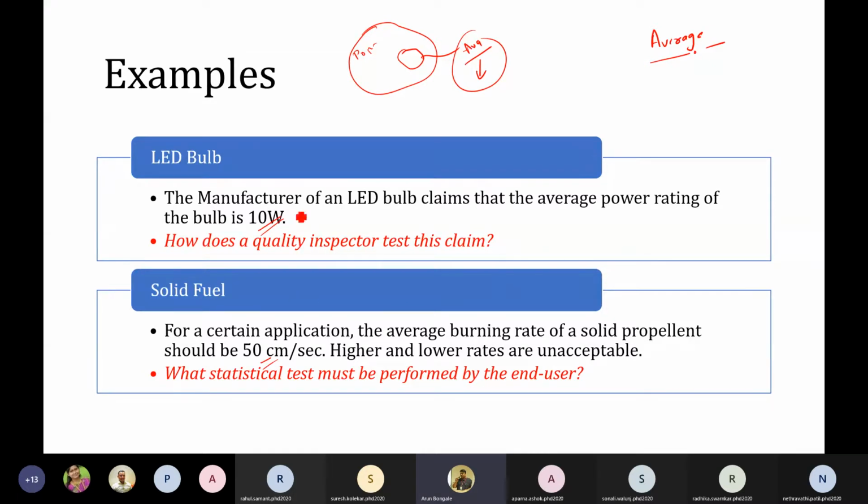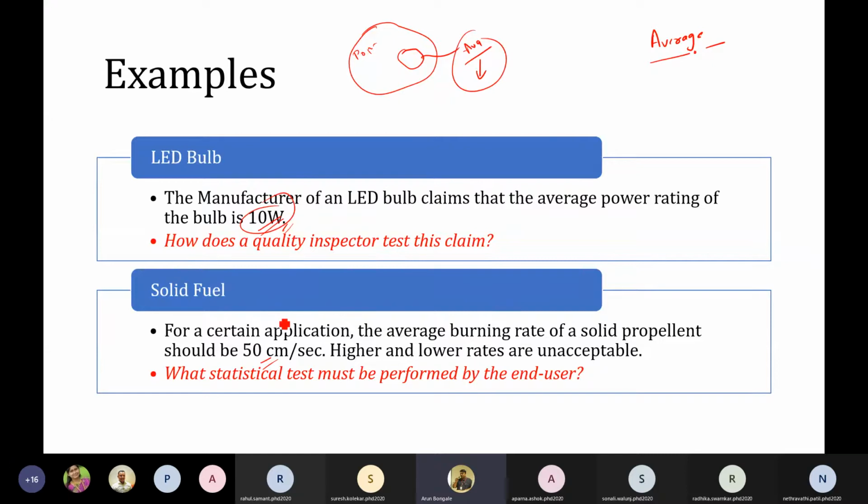So in both cases there is a population, there are so many bulbs available. You need to select a particular set of samples for verification, then find out the actual power rating of the bulb by carrying out experimentation, find the average of the values, and check whether it matches the claim.